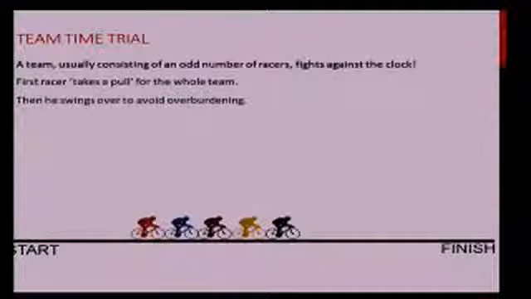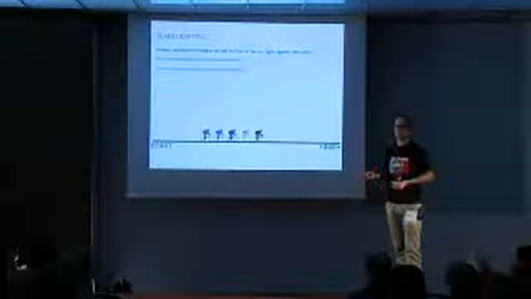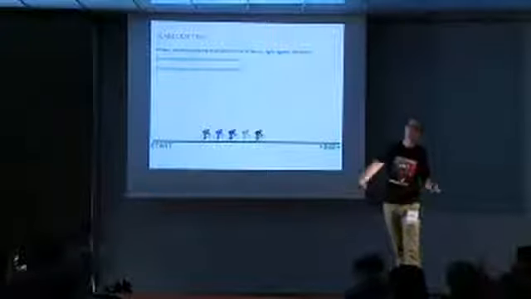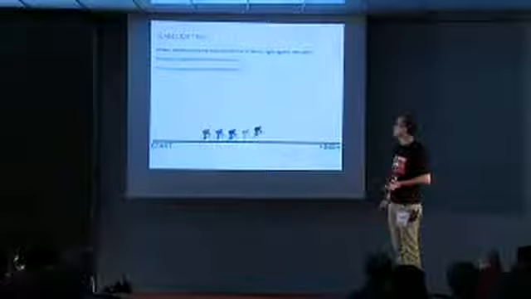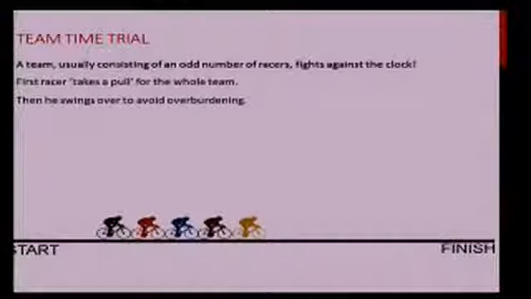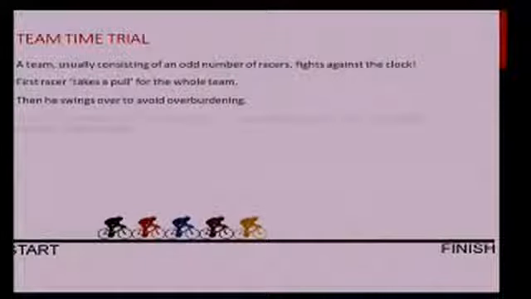So we cannot keep the same guy in front of the team for a very long time. We can expect that he can do it for, I don't know, 2 kilometers or 3 minutes, but he's not going to take it for the whole stage. So he swings back to the back of the peloton to take a rest, and another person takes a pull for the team. And they go on.